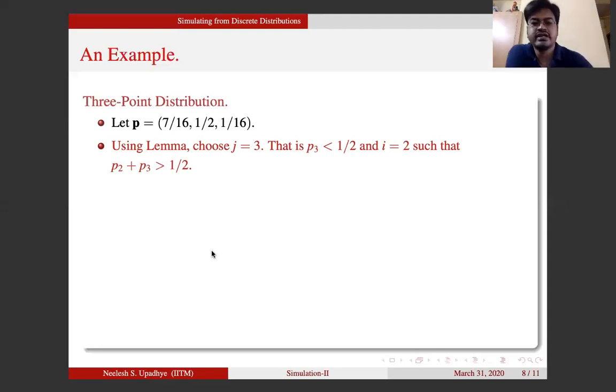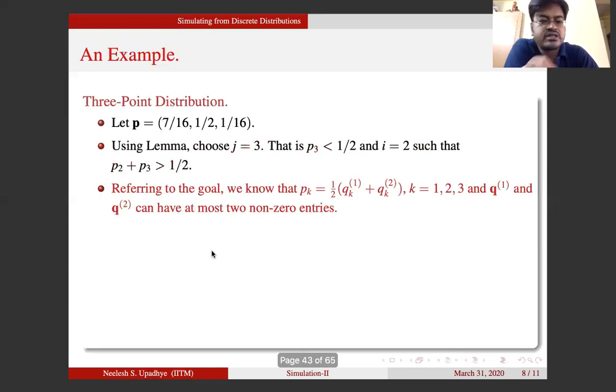With this understanding, let us try to figure out what is that distribution. So in particular, I want the result to be of this form. For any given point k, half times qk1 plus qk2 should give me pk. And q1 and q2 will have at most two non-zero entries.